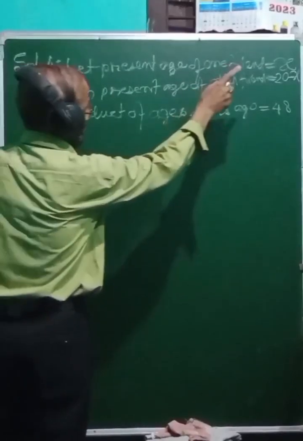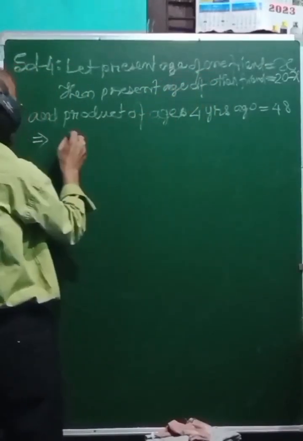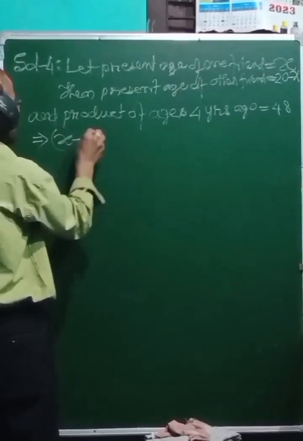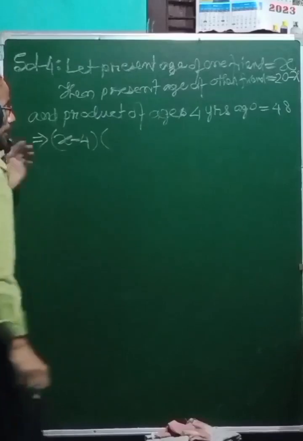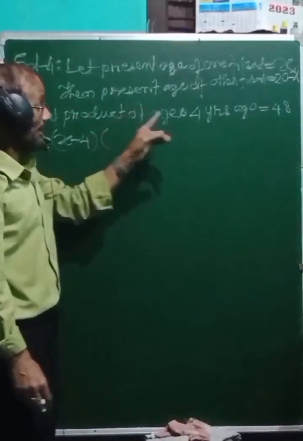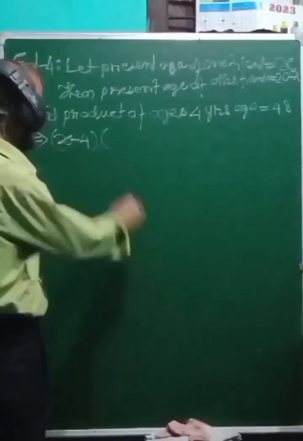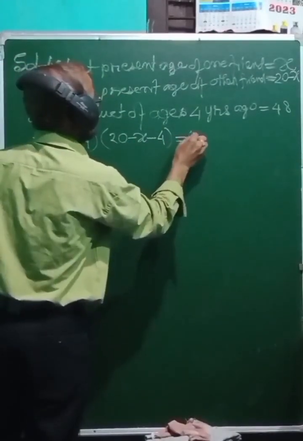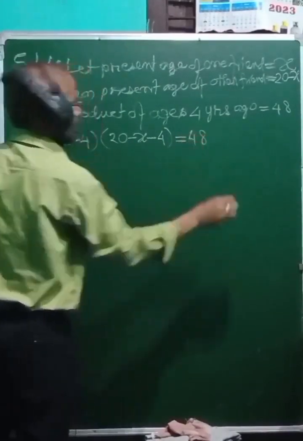The first friend's age before 4 years will be x minus 4, into the age of the other friend before 4 years. So this is the age before 4 years, and it must be equal to 48 according to the question.